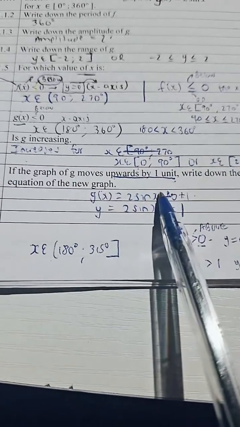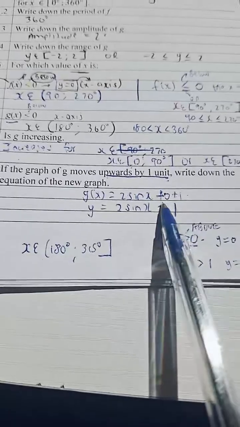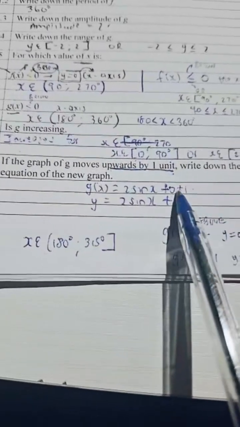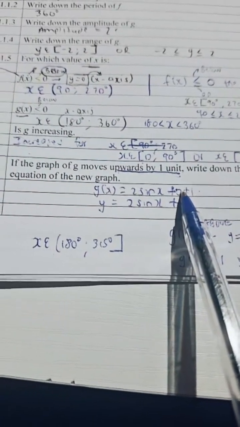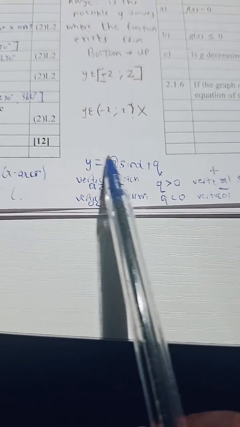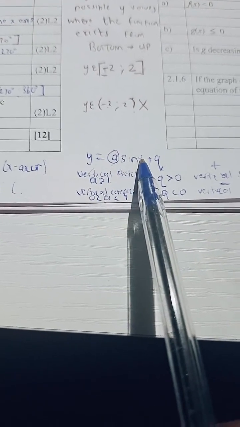We explained yesterday that when we speak about upward movement, this is affecting our parameter, our q value, because this is the standard form of a sine graph in grade 10. In grade 10, we only deal with the sine graph insofar as the coefficient and the q value, which is the constant. That's all, because our function is only doing two things.